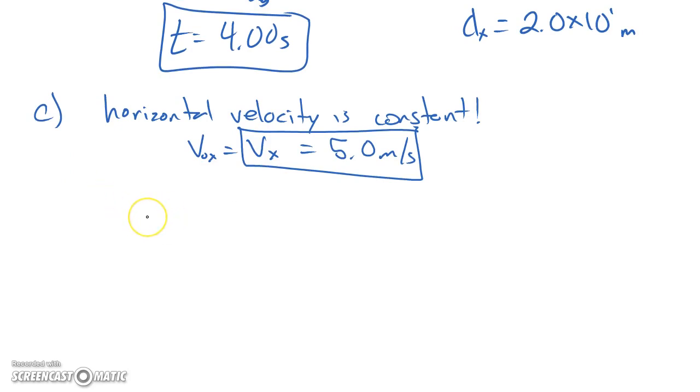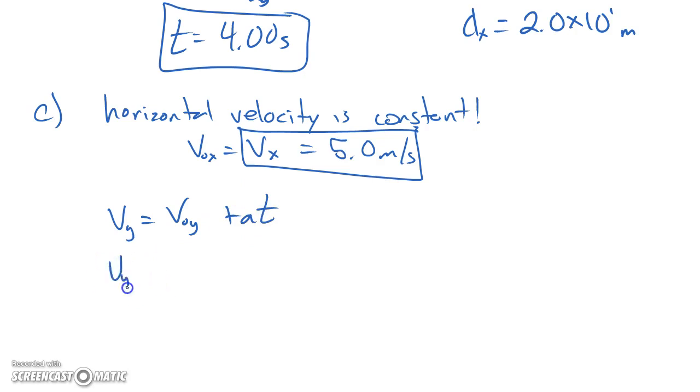So now we have to look at our vertical. So for our vertical, we want Vy. Now we have all kinds of information. We've got our dy, we've got time, we've got ay, we've got v naught. So we've got way more information than we need. So let's pick our easy equation.